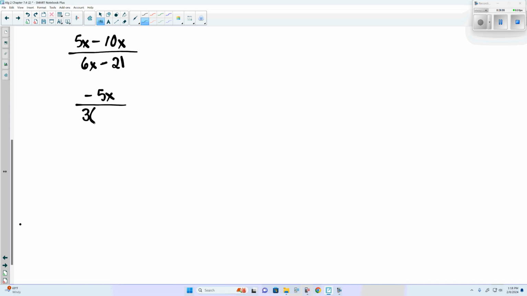Because if I divide 6 by 3, I'm left with 2, and 21 divided by 3 is 7. And 5 and 3 on the outside simplify, yes? 5 divided by 3 is what? It doesn't divide evenly, does it? Since it doesn't divide evenly, that's our answer.